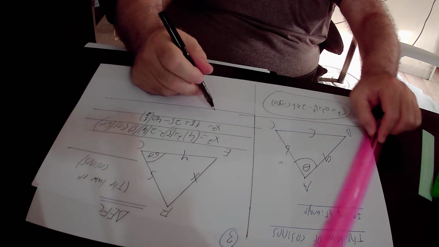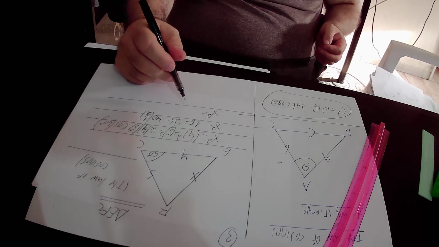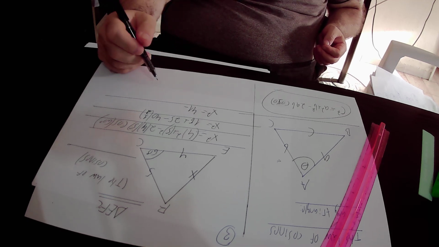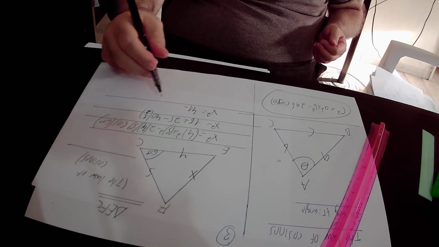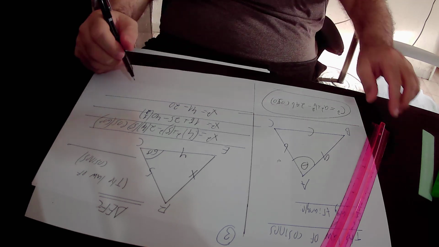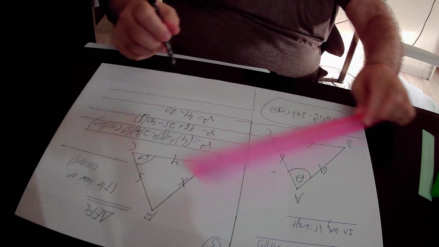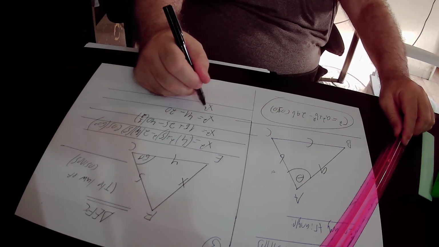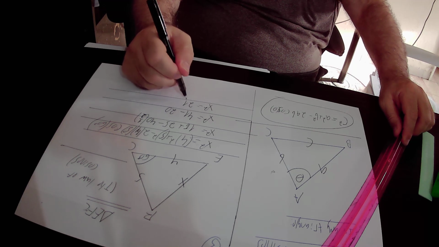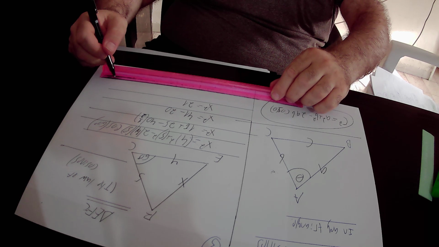So x squared equals 16 plus 25 is 41, minus 40 over 2 is minus 20. So x squared equals 41 minus 20, which is 21.